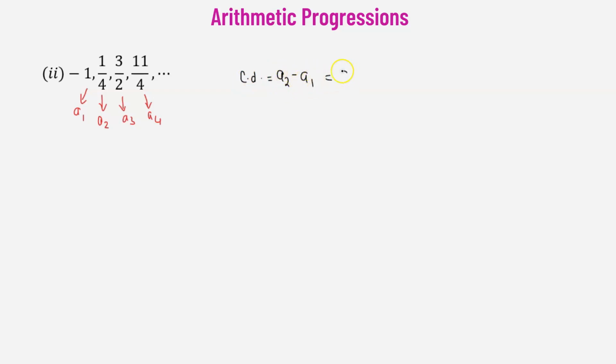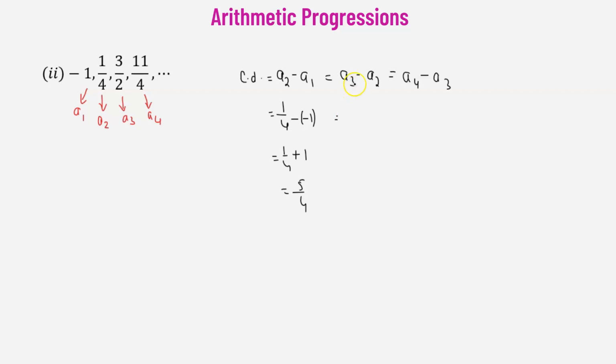This must be equal to taking the third term and subtracting the second term, or similarly, taking the fourth term and subtracting the third term. So let's find the value in each case. Our second term is 1/4 minus the first term, which is -1. So this is going to give us 1/4 plus 1, which is simply 5/4.